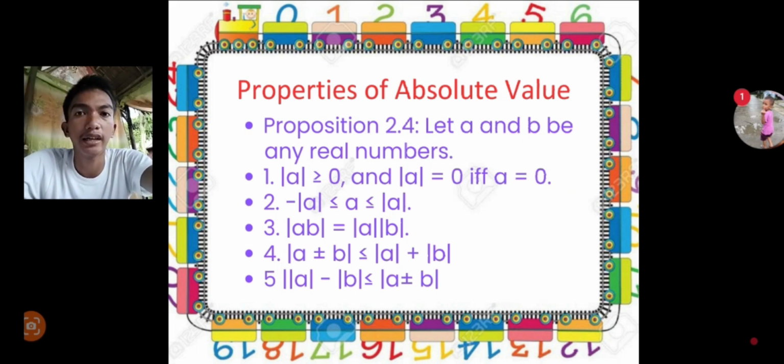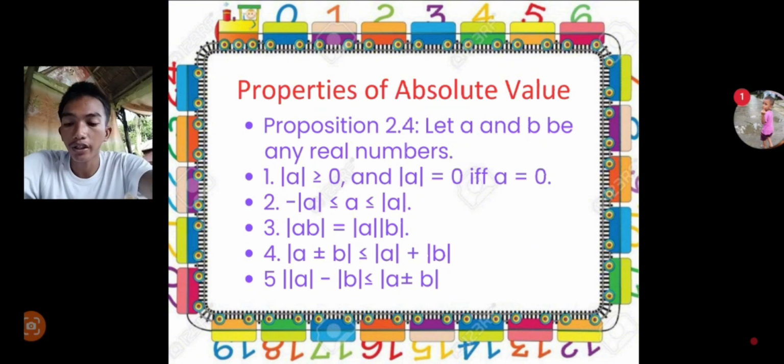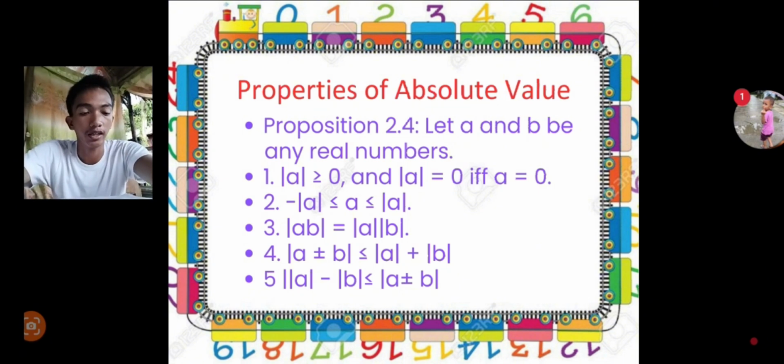Triangle inequality: the absolute value of a plus b is less than or equal to the absolute value of a plus the absolute value of b. The absolute value of a sum is less than or equal to the sum of the absolute values. This is a crucial inequality with many applications.